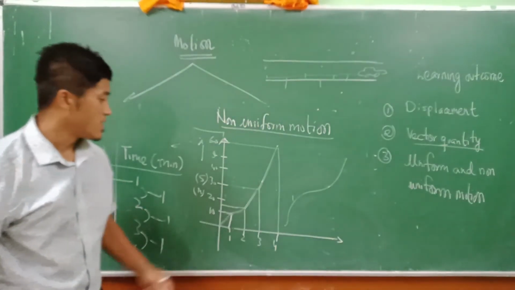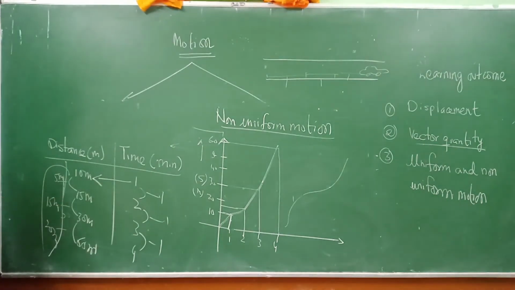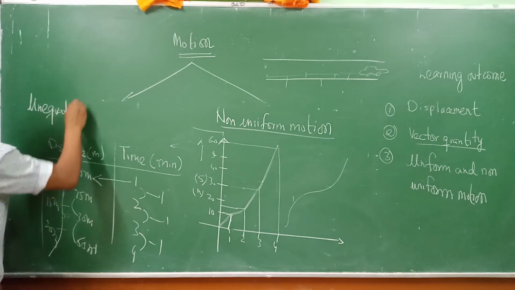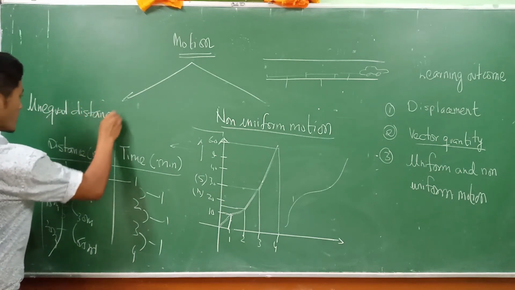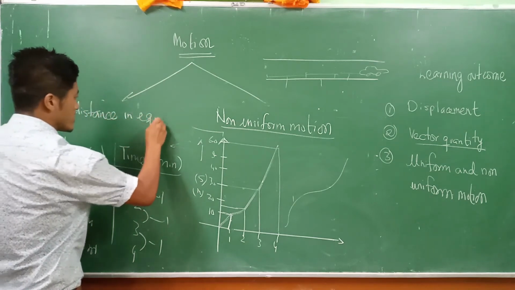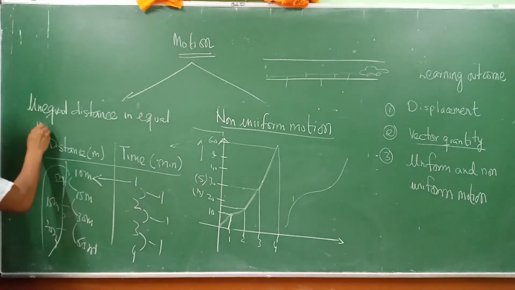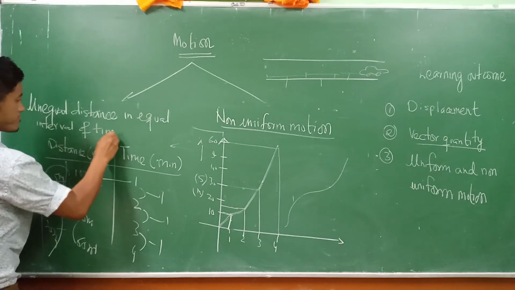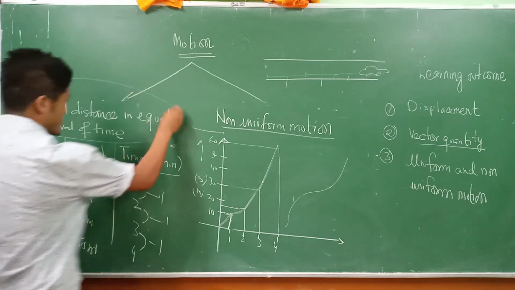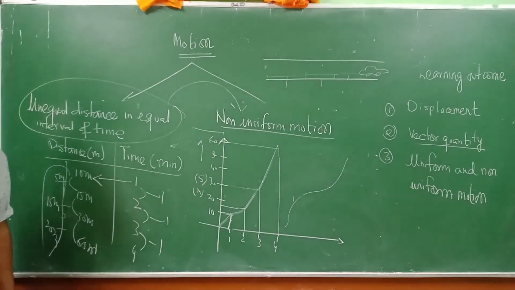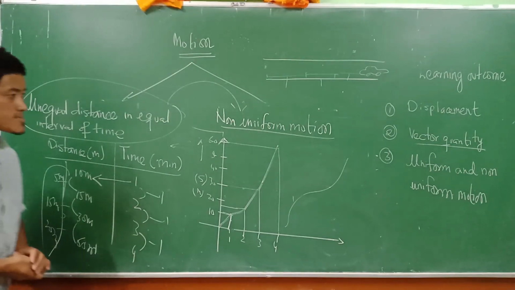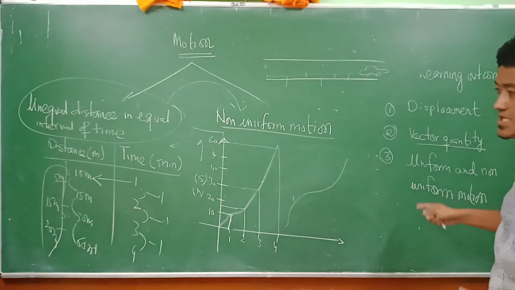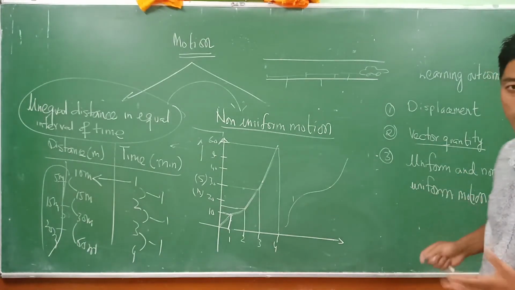This is the kind of graph where an object covers unequal distance in equal intervals of time. This is what we call non-uniform motion. So, I hope you have understood displacement, vector quantity, uniform motion, and non-uniform motion.